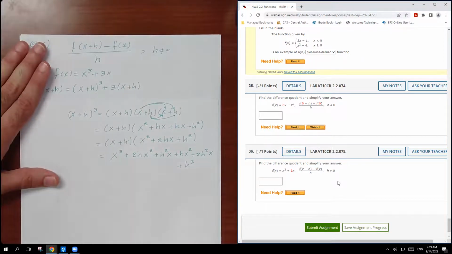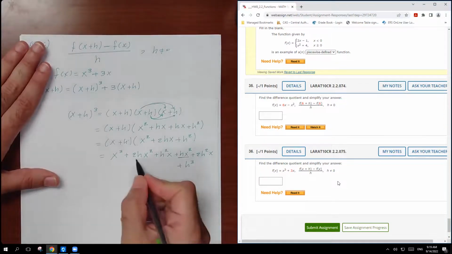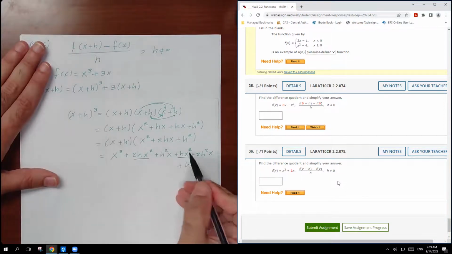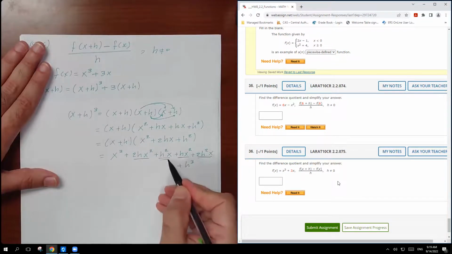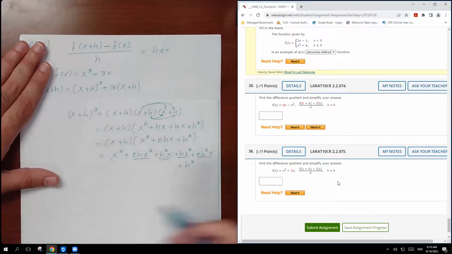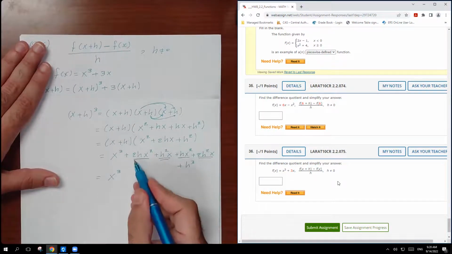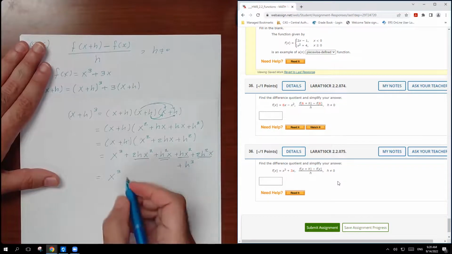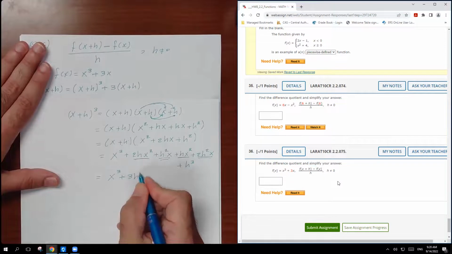Let's check. Do we have like terms? Yes, we have this one similar to this one, you see h and x squared. And we have this one similar to this one. So we're going to combine these together. So it's going to be x cubed. 2 plus 1 is going to be 3.